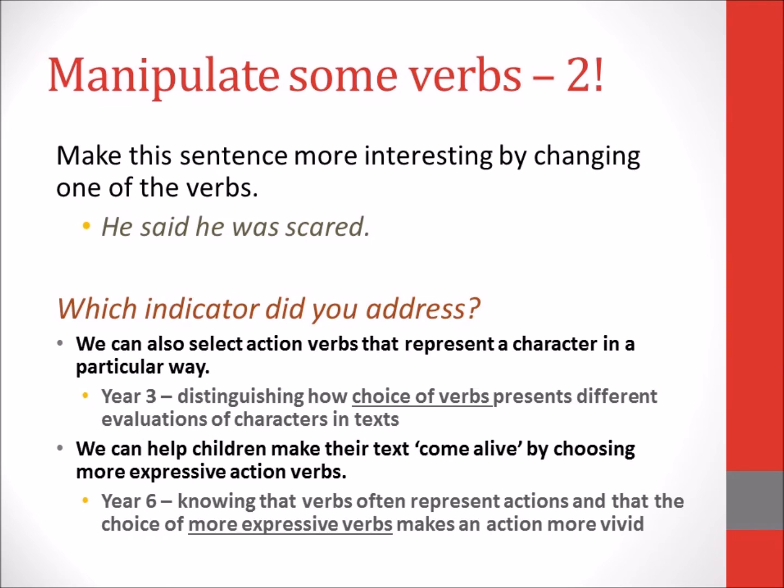Okay, let's try this one. In this case, you've asked the students to make this sentence more interesting by changing one of the verbs. "He said he was scared." Well, of course, there we've got two verbs, haven't we? "Said" and "was scared." In this case, what are you addressing? Are you asking them to select the action verbs that represent a character in a particular way?